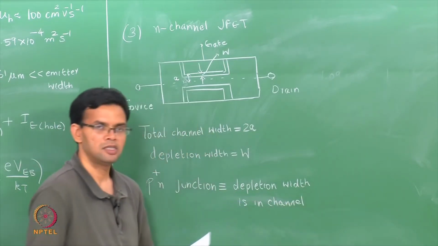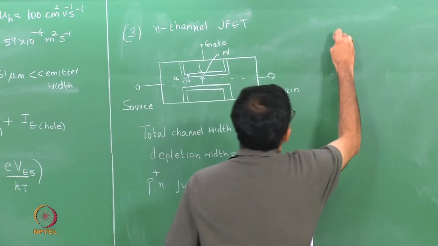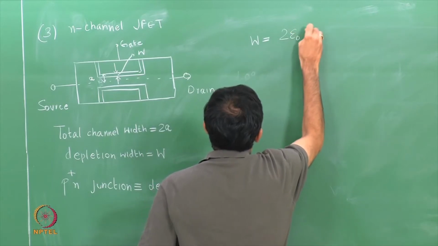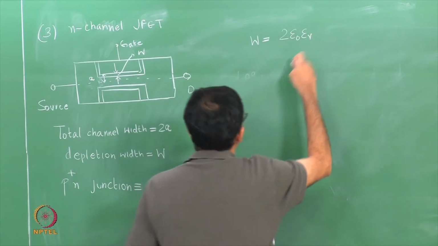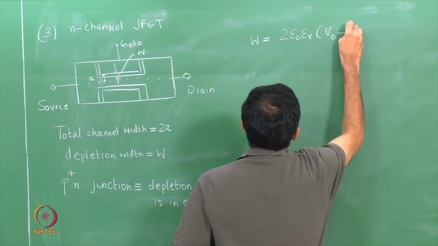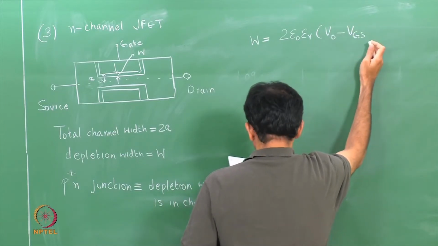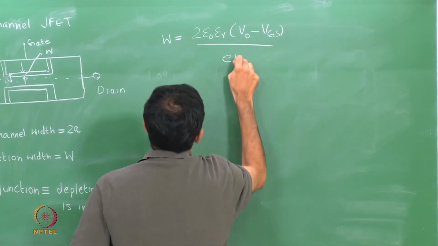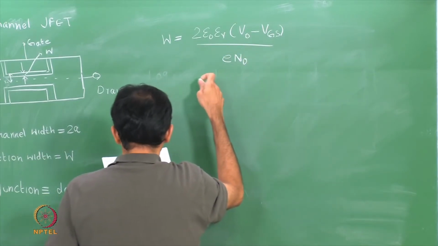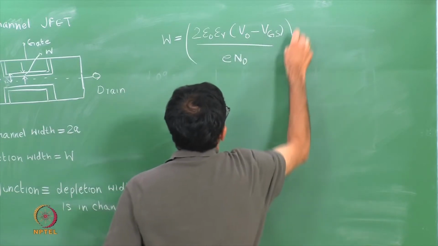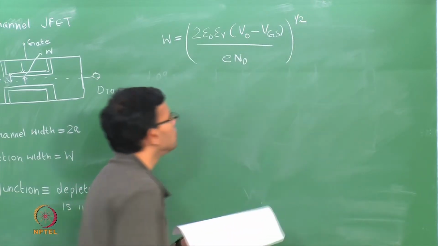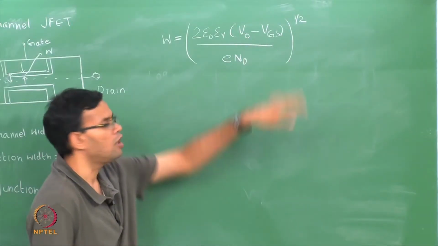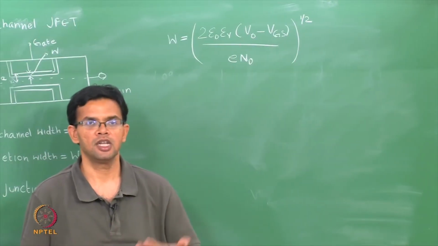This again depends upon the reverse bias, so that W is nothing but 2 epsilon naught epsilon r V naught minus V g s over E times N d whole to the half. So, V g s is actually a negative number, so that when you do V naught minus V g s, we are essentially adding.